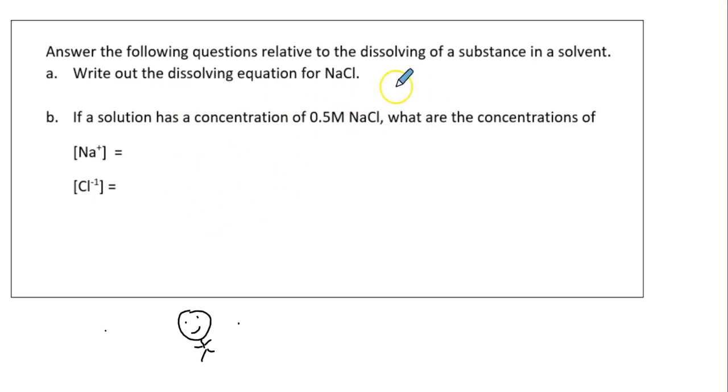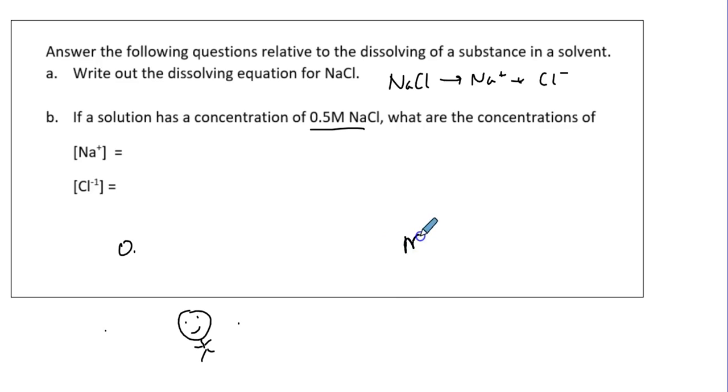Write out the dissolving equation. Okay, NaCl goes to Na+ and Cl-. If a solution has a concentration of 0.5 molar NaCl, what are the concentrations of these ions? Now we know there's a long way of doing this, but we don't have a volume, so I can't figure out my moles.